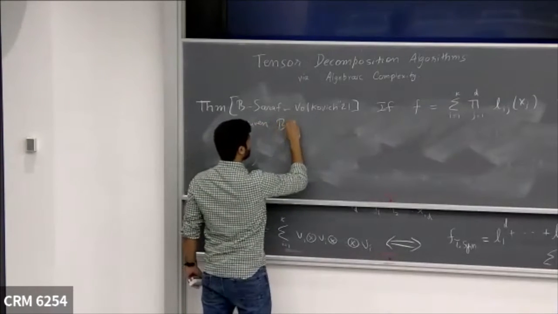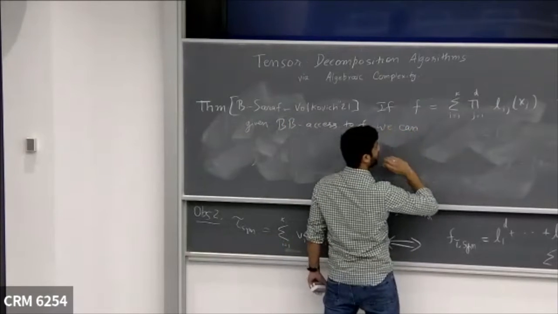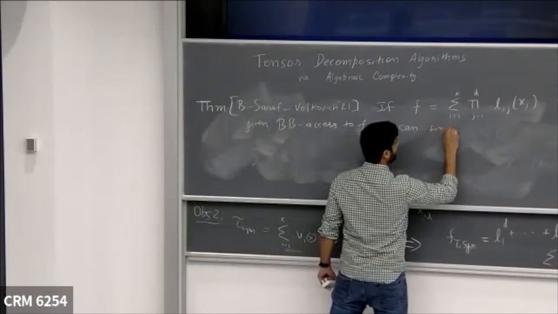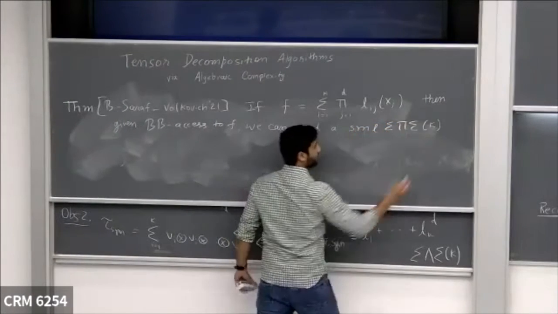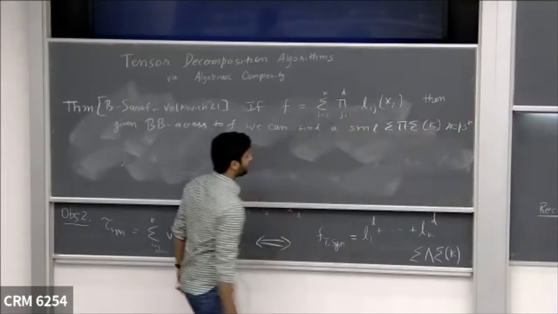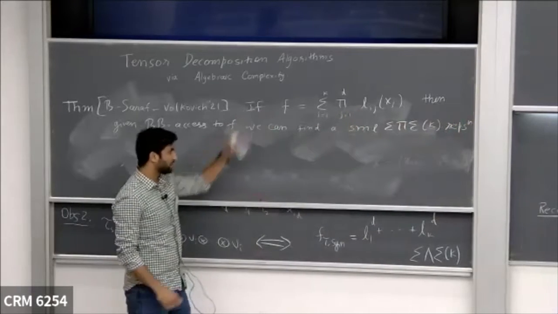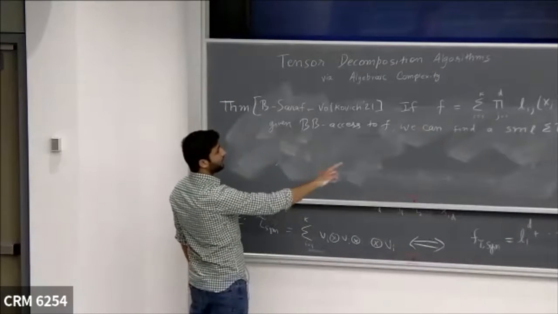When given black box access, we can find a set multilinear representation. So we can find a representation like this, not exactly this one, something close to it, but it will be optimal as well.